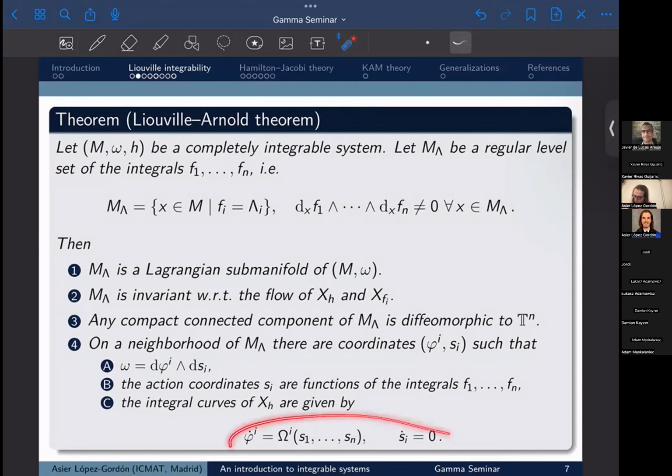Well, not even the fourth statement, but the expression for the equations of motion, and he did this just for R^n, and his proof was completely analytical and in local coordinates. And then Vladimir Arnold, in his famous book, Mathematical Methods of Classical Mechanics, proved a more general version of the theorem using symplectic geometry, and he called it the Liouville theorem. And now people call it the Liouville-Arnold theorem or Arnold-Liouville theorem.